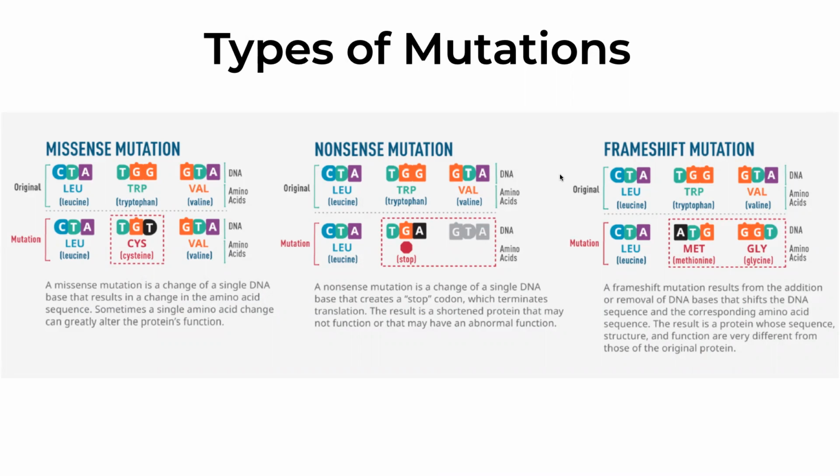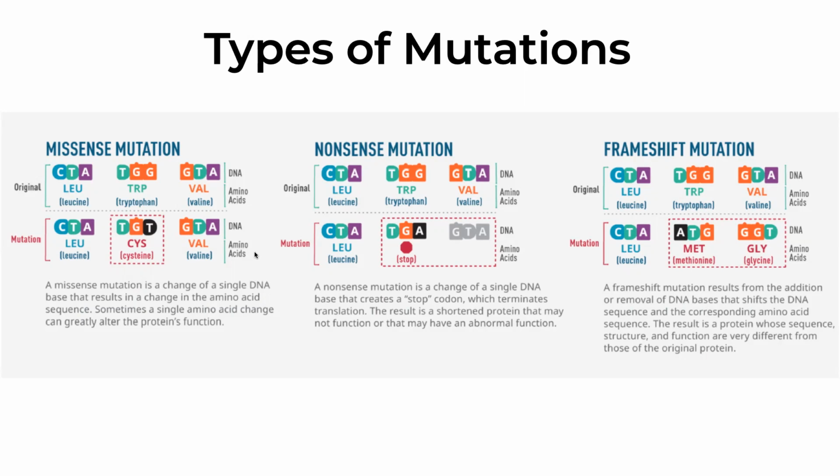But then there are three types that actually do make a big change: a missense mutation, a nonsense mutation, and a frame shift mutation. A missense mutation is where there's a change in the amino acid, and the change is also important.